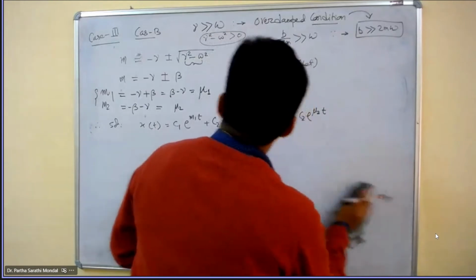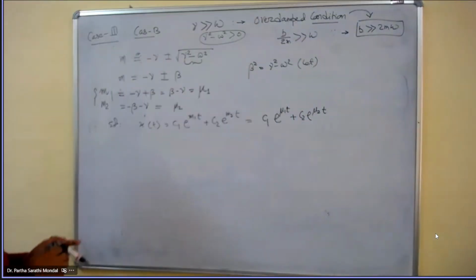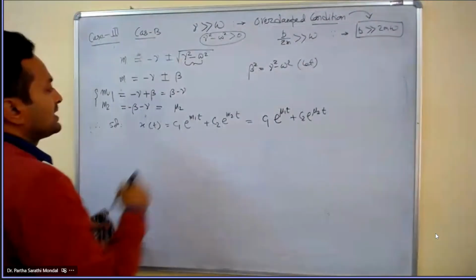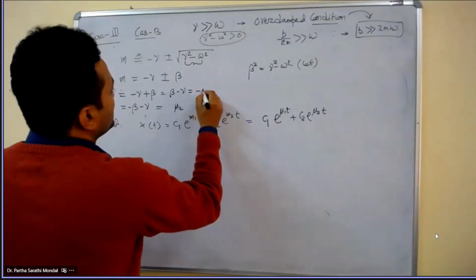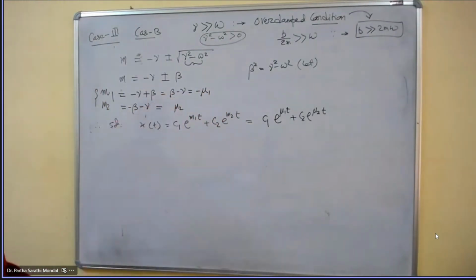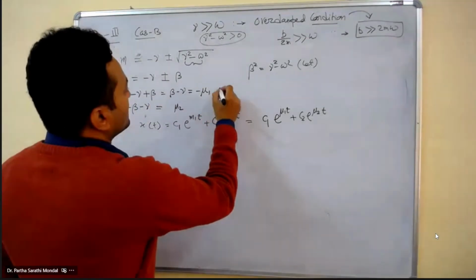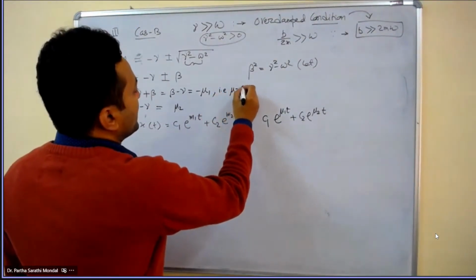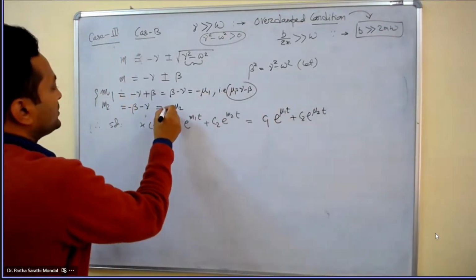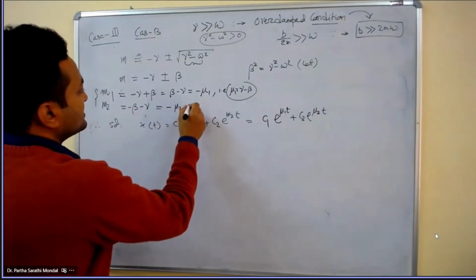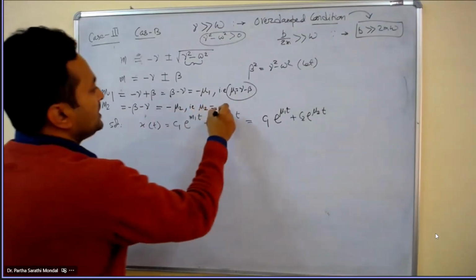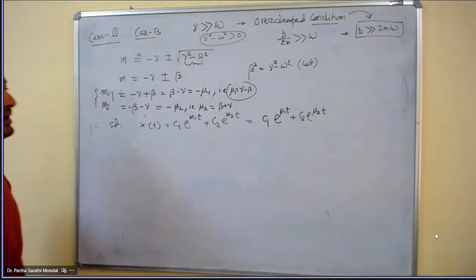So the function you are describing here should be negative. Let's put this as minus mu1, which means mu1 equals gamma minus beta. Similarly, if I put minus mu2, then mu2 equals beta plus gamma.